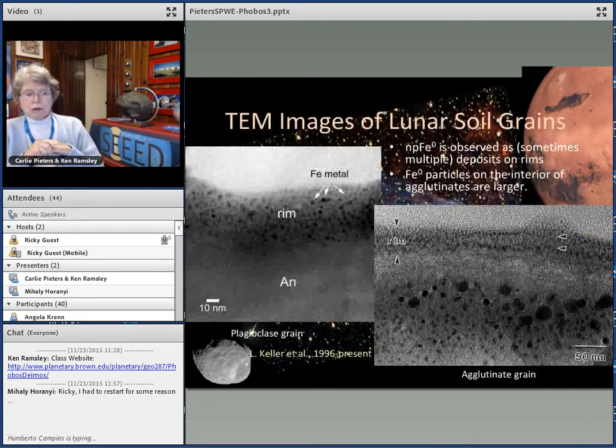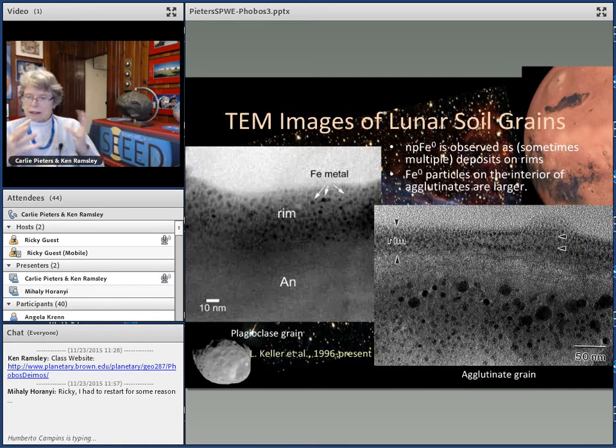This was recognized almost 20 years ago when instrumentation became available and you could look at the details of lunar soils in the laboratory. What's shown here is a nanoscale section across the grain.